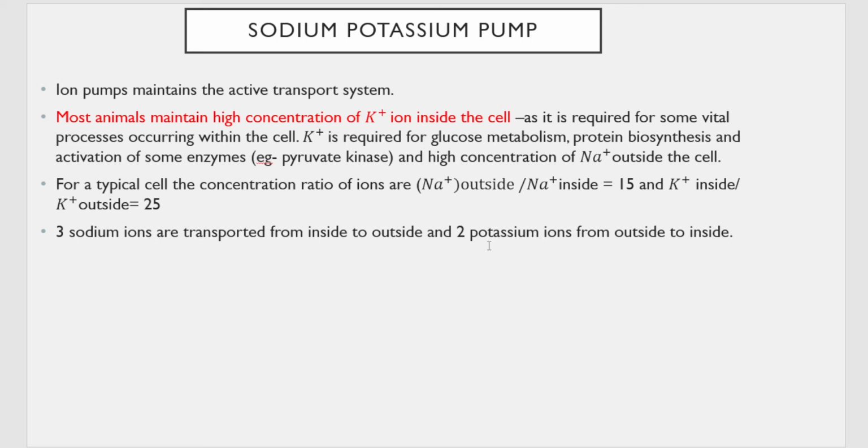Potassium will be low outside, but it will go from outside to inside where the concentration is high. The reason is that this is active transport. And the concentration ratio of Na plus outside to Na plus inside is 15, and K plus inside to K plus outside is 25.